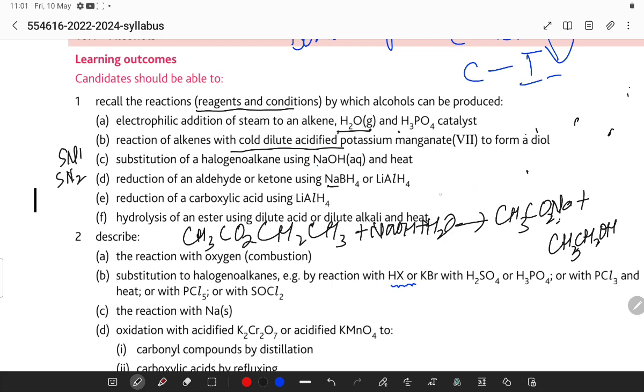This is alkaline hydrolysis. And acidic hydrolysis also gives alcohol.